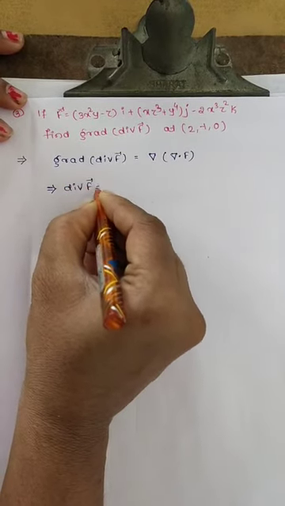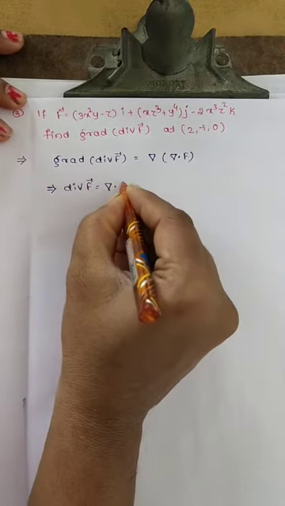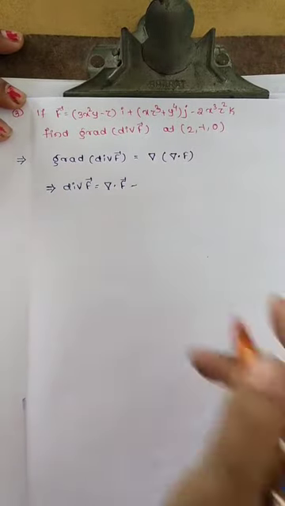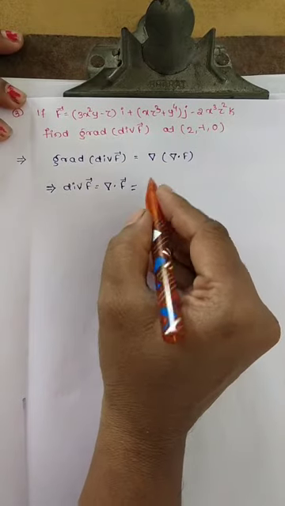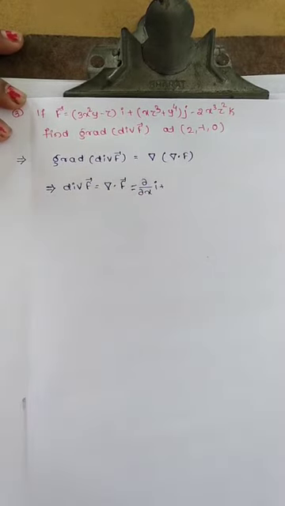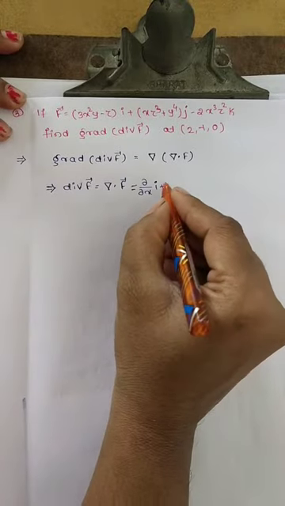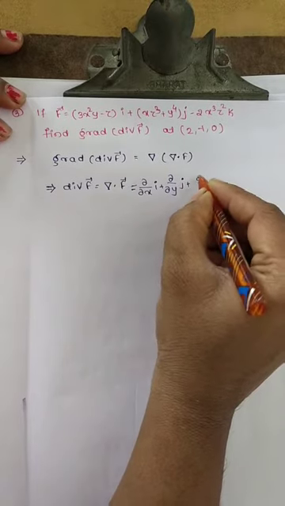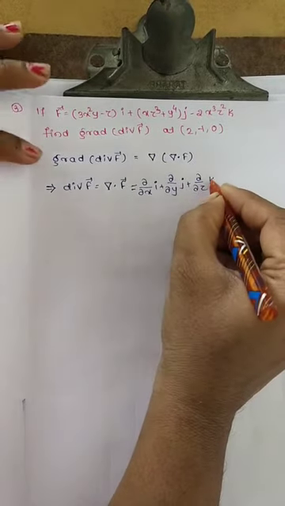Divergence of vector f is nothing but del dot vector f, which is equal to ∂/∂x i plus ∂/∂y j plus ∂/∂z k.